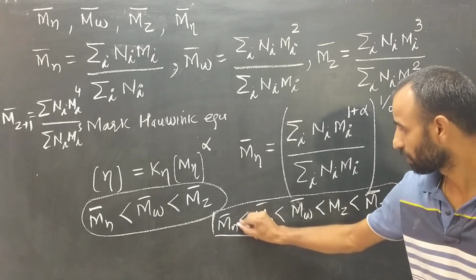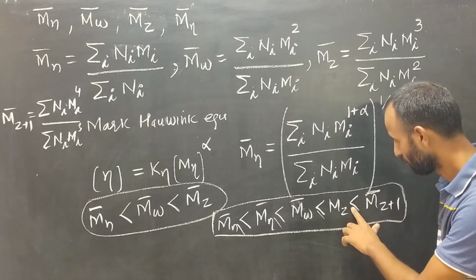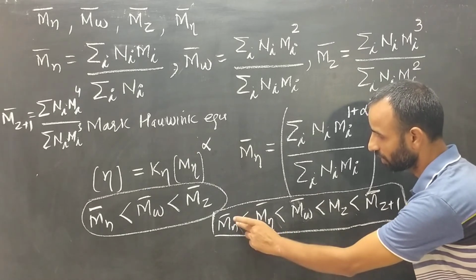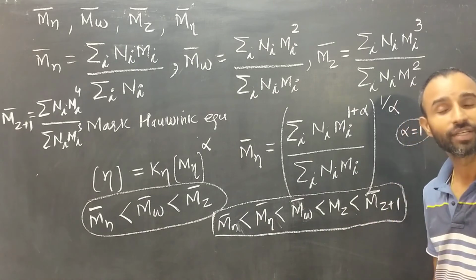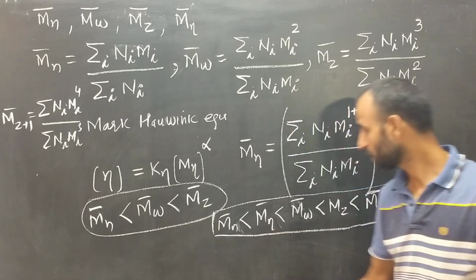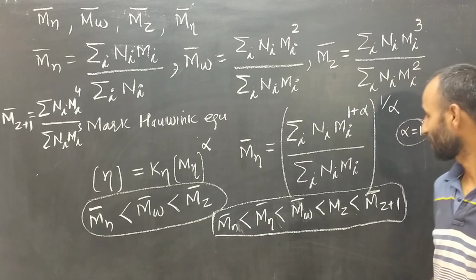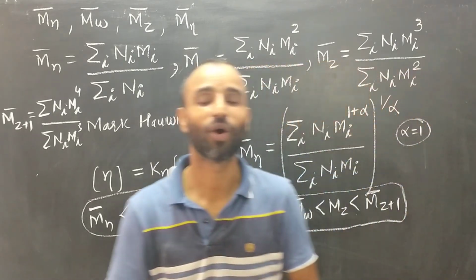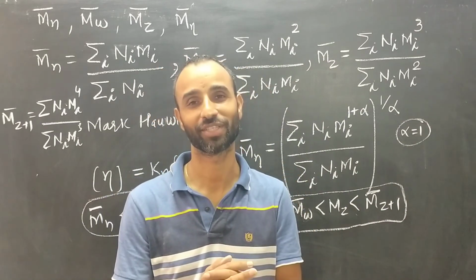For monodisperse polymers they may be equal, but for polydisperse polymers this is the exact relation: number average molar mass is least, then viscosity average, then weight average, then Z average, then Z plus 1 average, Z plus 2 average, and so on. So that's all about polymers from the previous year GSET questions.